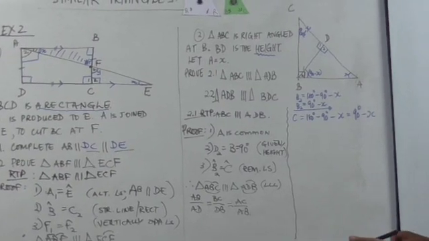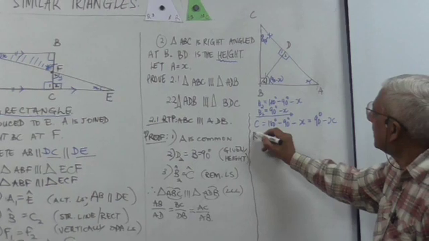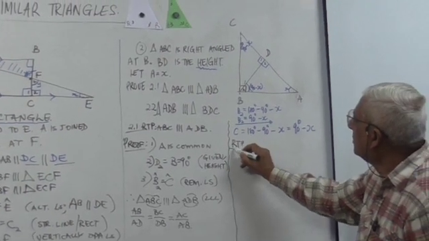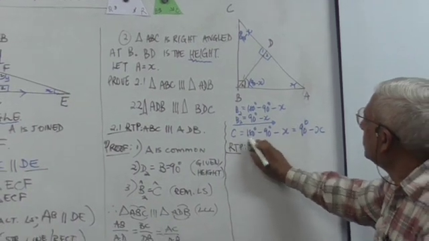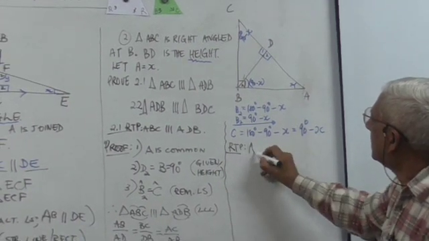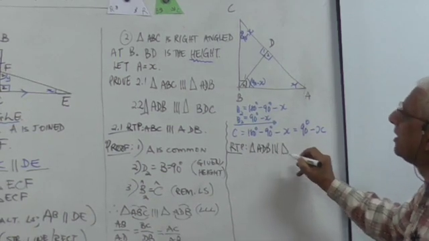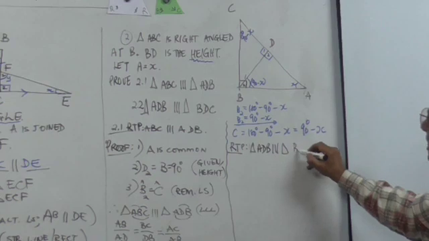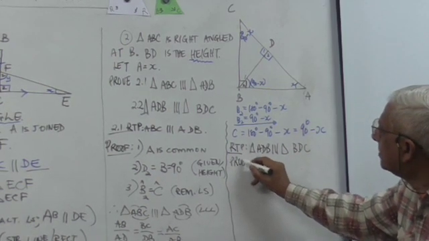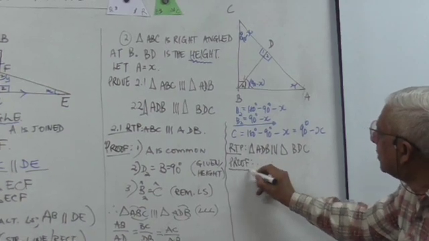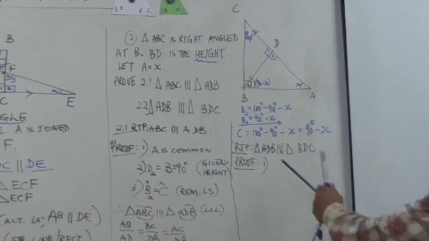Right. Now, required to prove: triangle ADB is similar to triangle BDC. Proof: 1. Let's look at this.